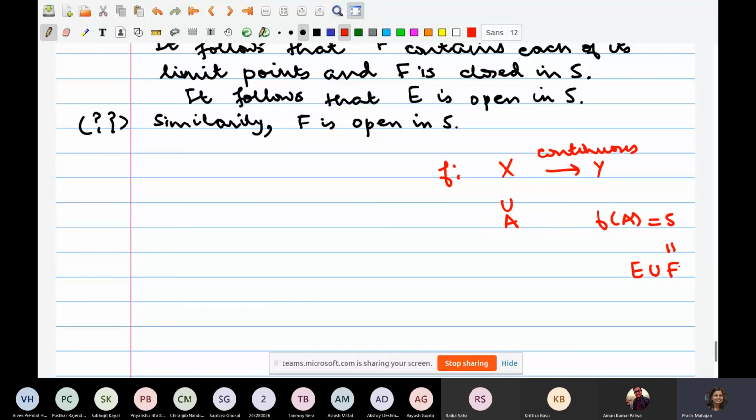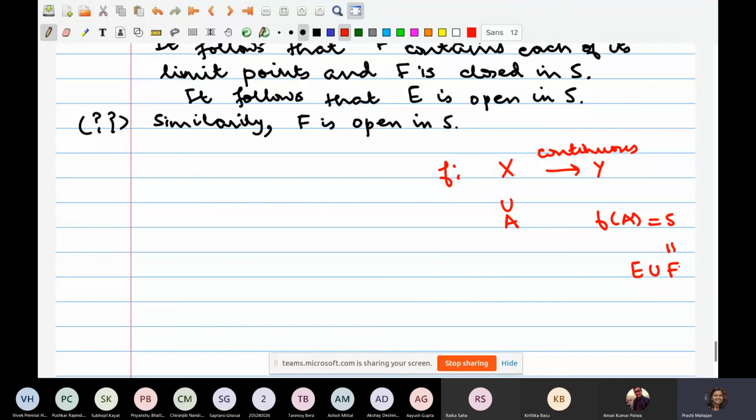Now A is given to be connected. I start with a separation of f of A, and I am going to use that information to somehow construct a separation of the set A, which will be a contradiction because A is connected by assumption. Is that okay?